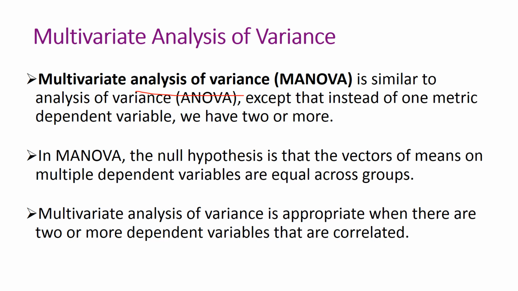In MANOVA, the null hypothesis is that the vector of means on multiple dependent variables is equal across the groups. Multivariate analysis of variance is appropriate when there are two or more dependent variables that are correlated.